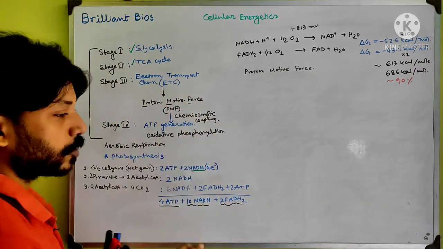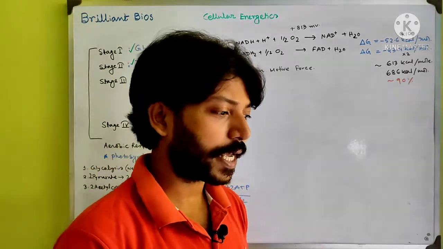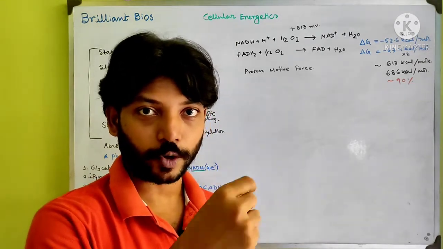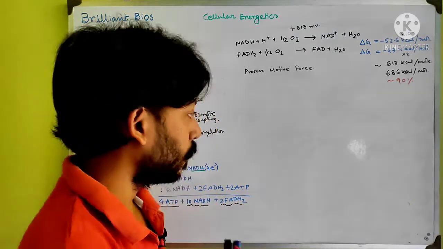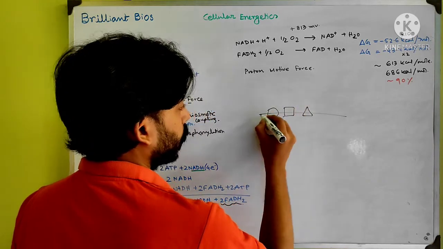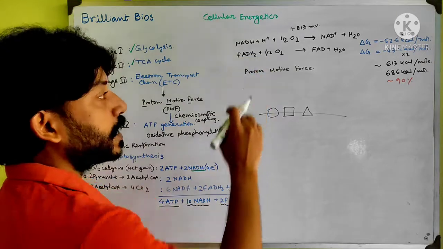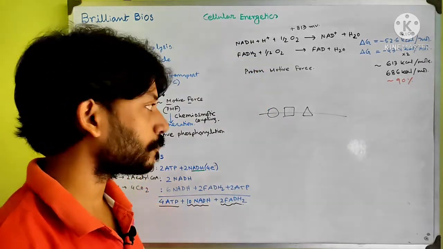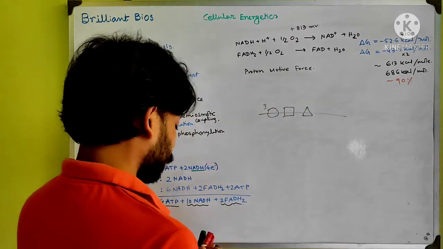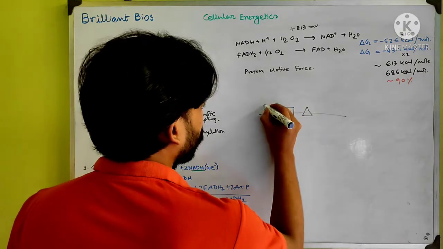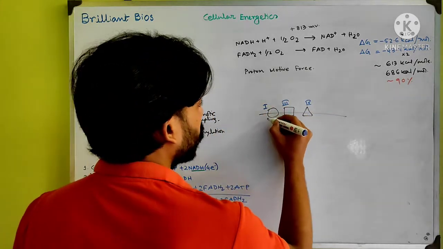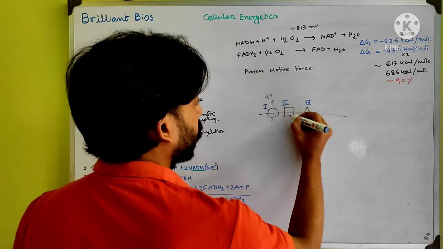The basic idea you have to understand, which I have mentioned in my previous class also, is that from complex 1, 4 protons come out when a pair of electrons moves through, because NADH has one pair of electrons. So when a pair of electrons moves through complex 1, complex 3 and complex 4, 4 protons are released from complex 1.